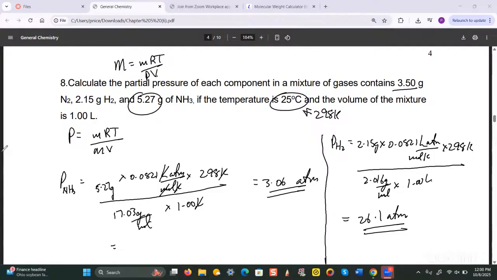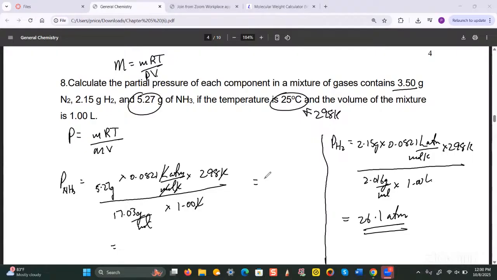Let me erase this here. So let's do the calculation. 5.27 multiplied by 0.0821 multiplied by 298 divided by 17.03 times 1. Oh gosh, I did something wrong.